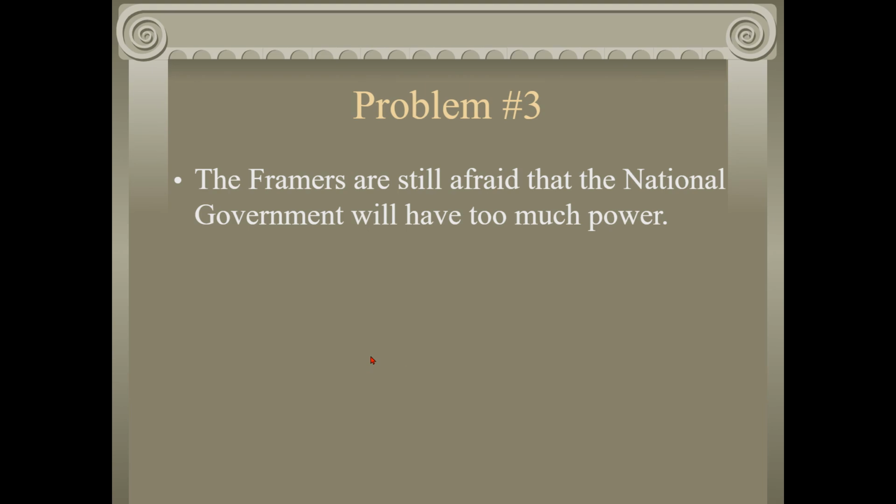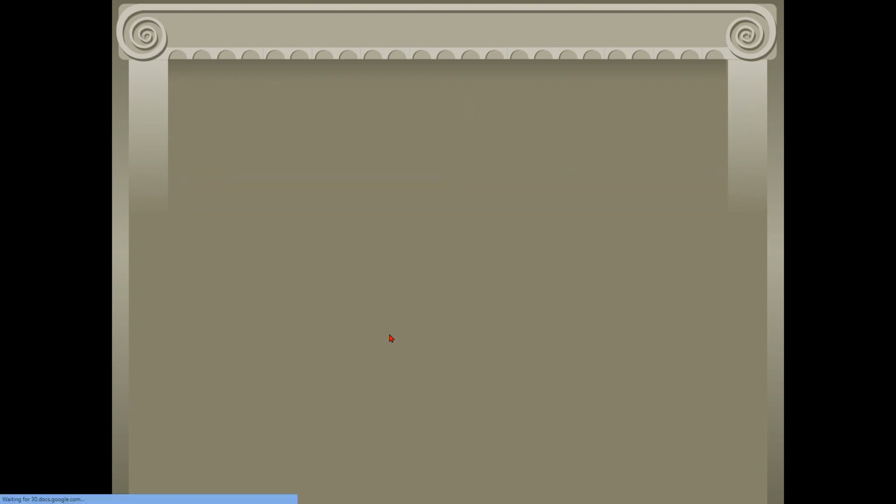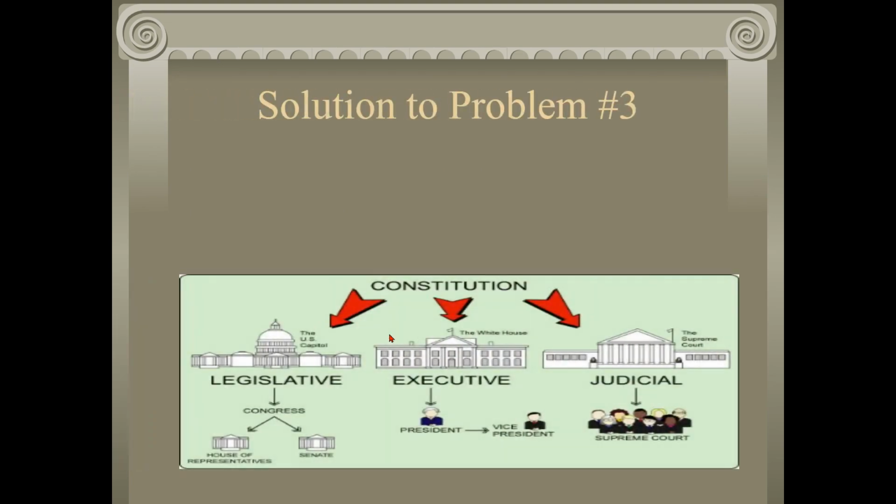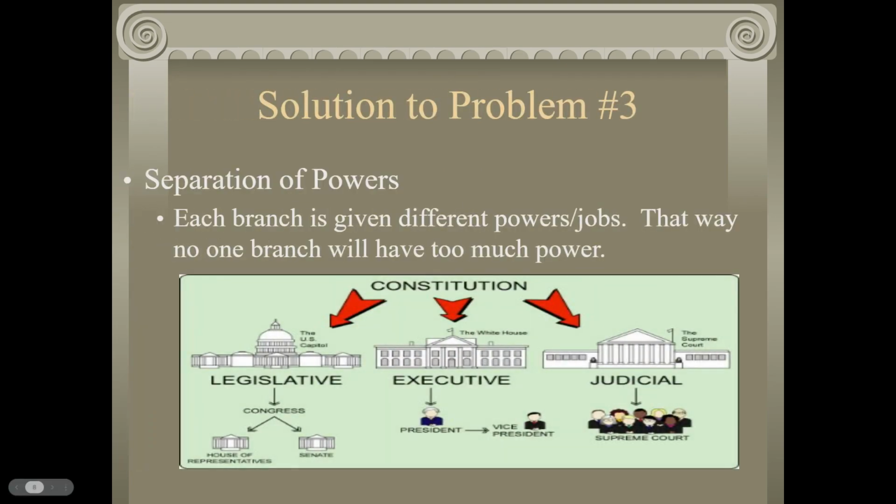And so they're always trying to make sure that the U.S. government does not create a situation in which they can abuse power again. And so we have two things that set up there. One is this idea of separation of powers, and you've been learning about this for years, right? What separation of powers says is that each branch has different jobs, and therefore no one branch will have too much power. They will keep the power separated.